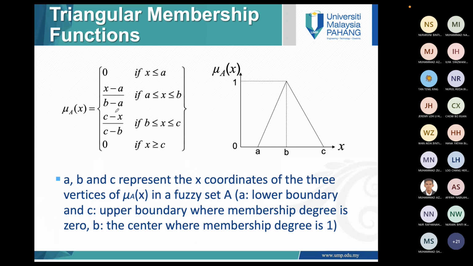So this is the triangular membership function formula. You can use this formula in order to calculate your membership function value. We have A, B, and C to represent the x coordinates of the three vertices in a fuzzy set.